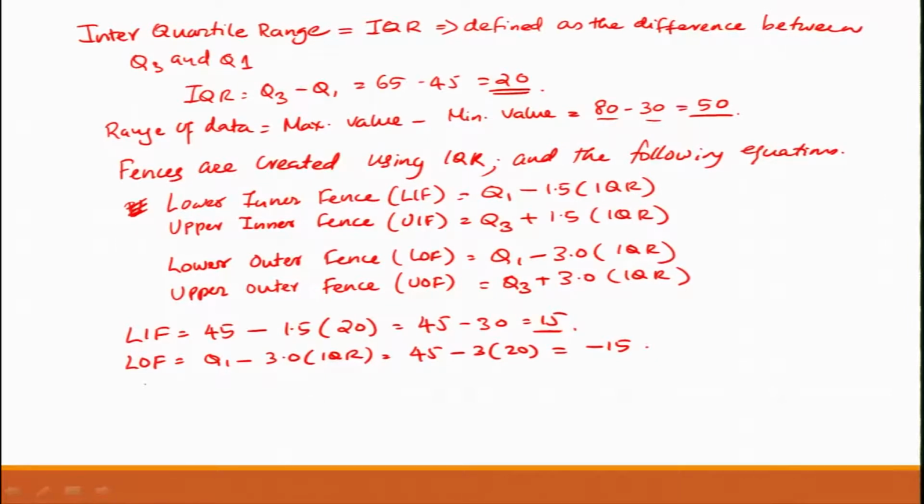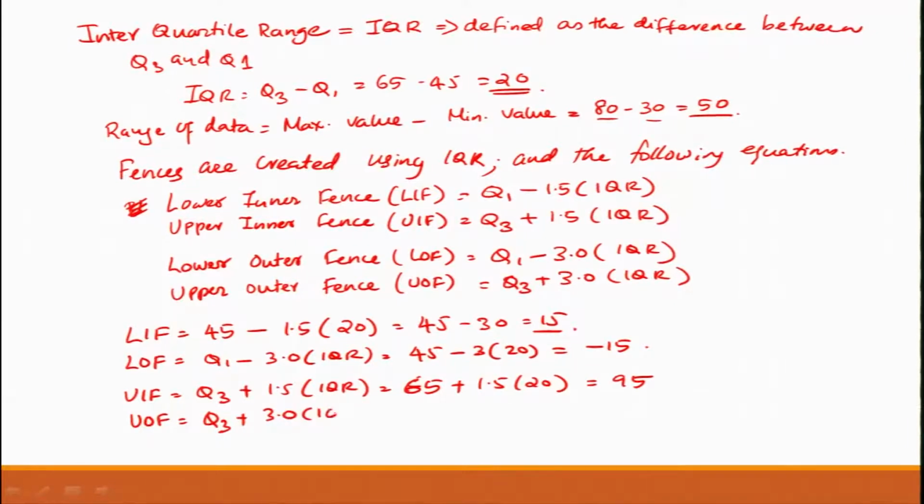Similarly, the upper inner fence is Q3 plus 1.5 times IQR, which is 65 plus 1.5 times 20, which gives us 95, and the upper outer fence is Q3 plus 3 times IQR, which is 65 plus 3 times 20, which gives you 125. So, these are the fence values that we get.